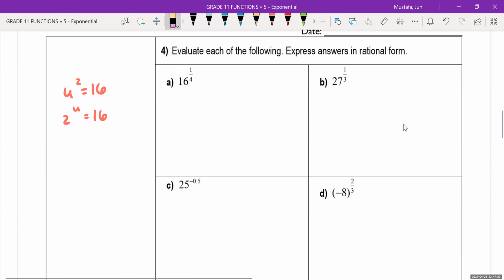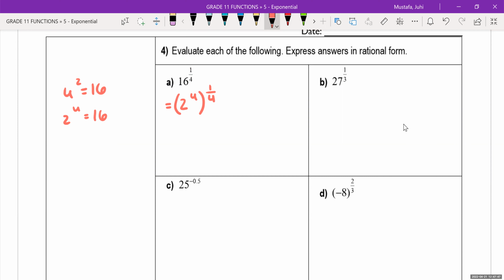So I'll show you what I mean. I am going to replace the 16 with 2 to the power of 4, right? Because we all know 2 to the power of 4 is 16, so we are just changing the way it's written. All to the power of 1 over 4. Everyone's with me? Everyone see what I did there? Okay.